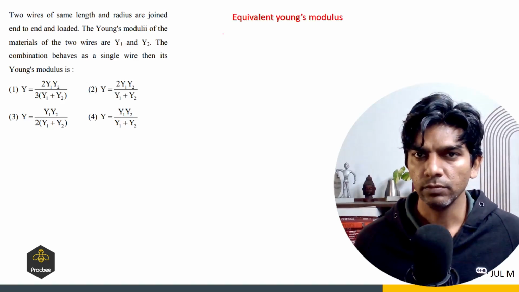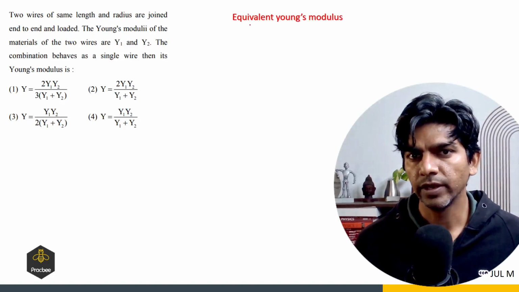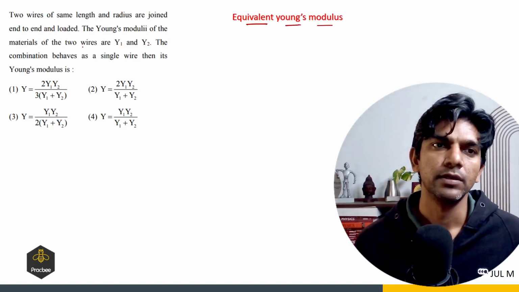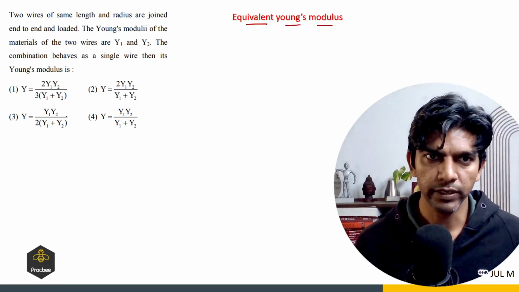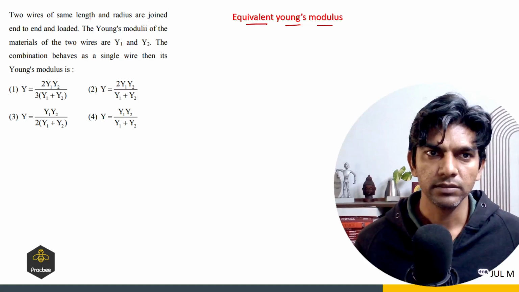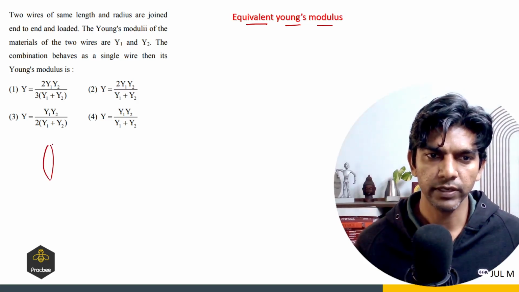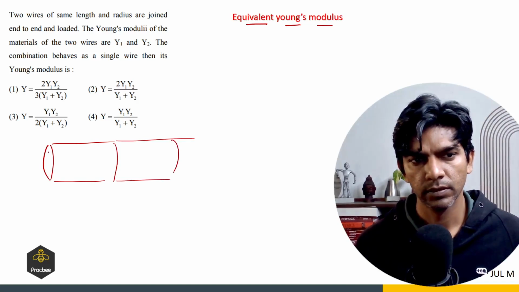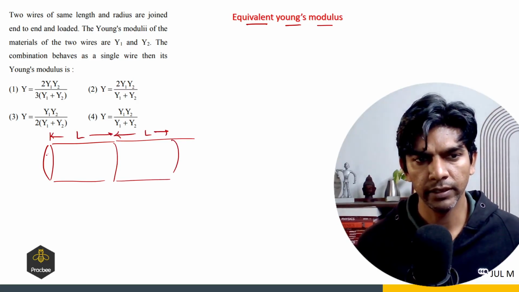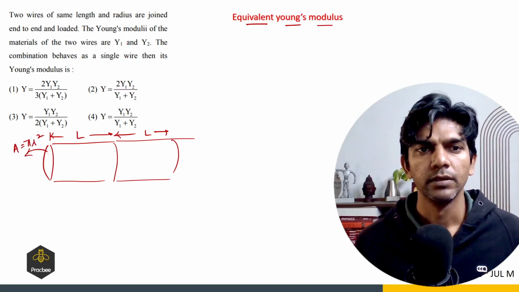Now let us see the next problem type, which is based on finding the equivalent Young's modulus. So two wires of same length and radius are joined end to end. So there are two wires of the same length and radius. So this is wire 1 and this is another wire. So this length is L and this is also L, and area is pi r square.